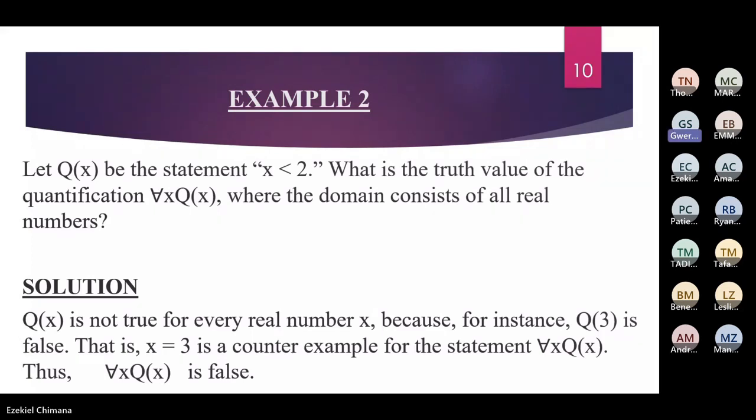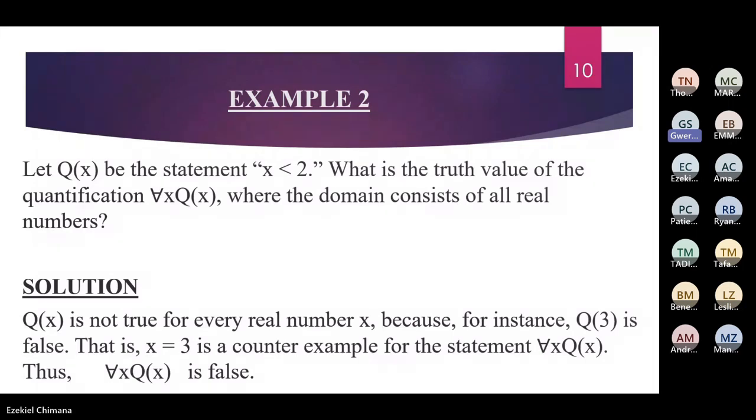Okay, we are now on example 2. Let Q of x be the statement x is less than 2. Then what is the truth value of the quantification for all x, Q of x, where the domain consists of all real numbers? Remember we said with the universal quantifier, we are saying everything that is in the set, Q of x is true.